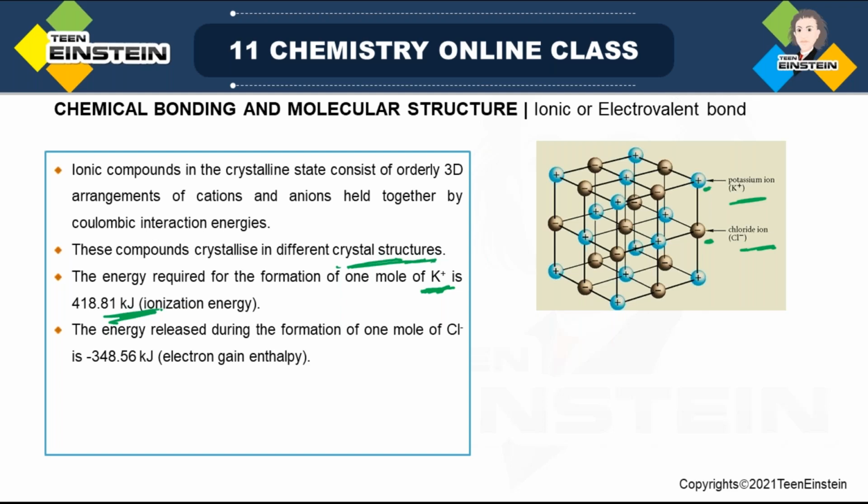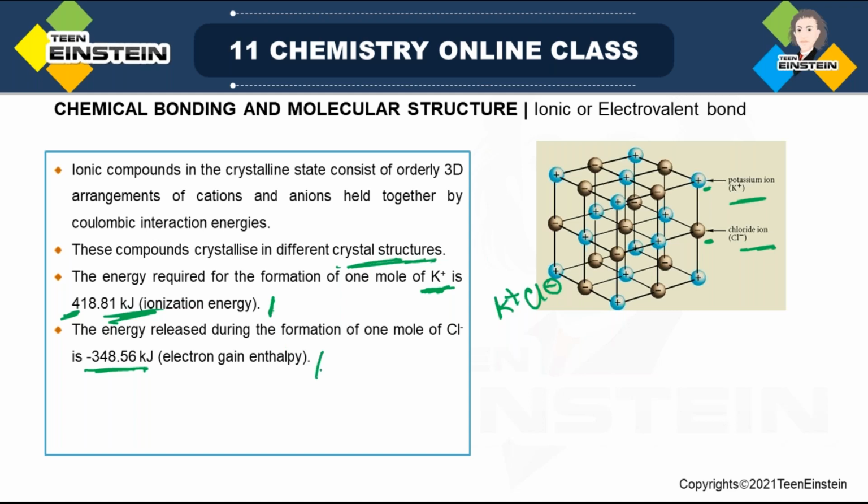Similarly, for Cl minus, it is the electron gain enthalpy. So this is the energy released during the formation of 1 mole of Cl minus. This is the value, with a negative sign. We know electron gain enthalpy is mostly negative. Now, if you want to make 1 mole of KCl, you need these two energies.